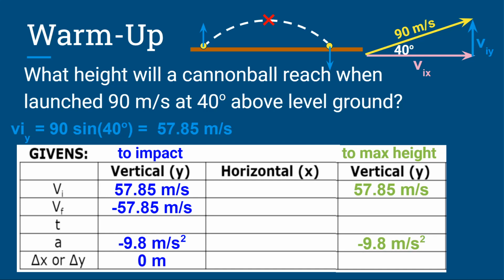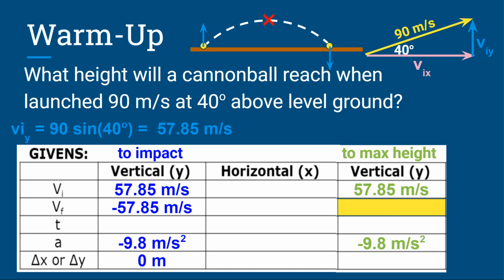I know that if I look at the whole trajectory that my displacement vertically is 0 because I have started and ended at the same height. Okay, so my total displacement again from launch to impact would be 0. If I look over here, what would my final velocity be if I'm measuring just to max height, my final vertical velocity? 0.